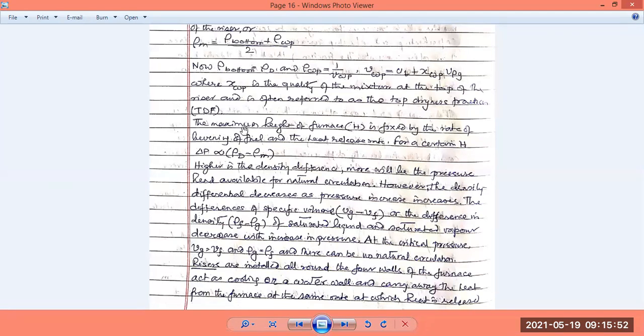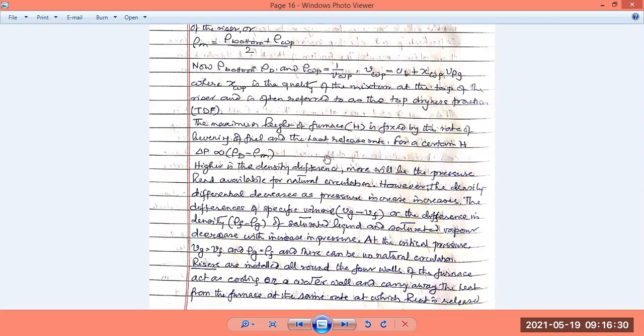The maximum height of the furnace, that is H in the earlier equation, is generally fixed by the rate of delivering the fuel and the heat release rate. The maximum height is directly fixed by how much fuel is being loaded per minute or per second, as well as how much heat is released from it per kg per second.